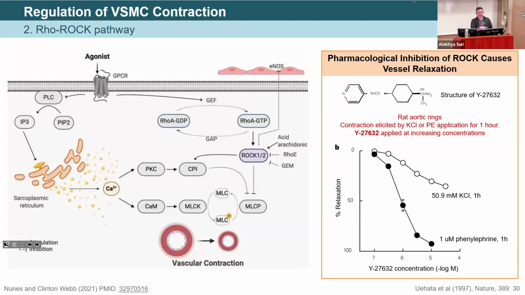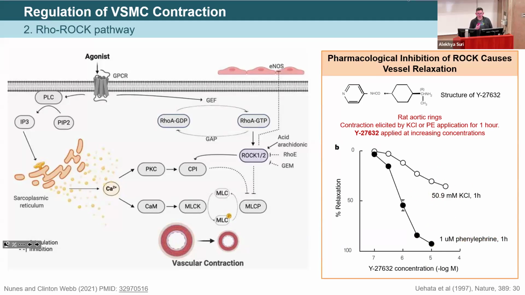The more you inhibit the kinase, the more they can relax, in other words, right? I don't understand why they decided to invert the y-axis, because it's sort of counterintuitive. But you see that 0 is at the top, and at 10 to the negative 5 molar of inhibitor, you have almost maximal relaxation in the phenylephrine constricted rings, right?